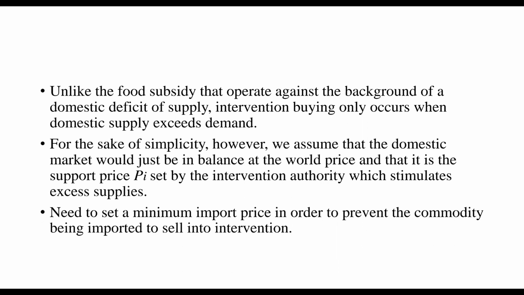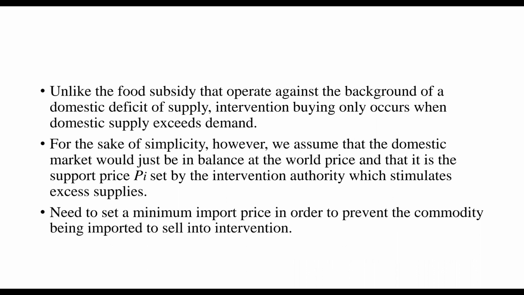For the sake of simplicity, however, we assume that the domestic market would just be balanced at the world price, and that it is the support price PI set by the intervention authority which stimulates excess supply. So there is a need to set a minimum import price in order to prevent the commodity being imported to sell into intervention.